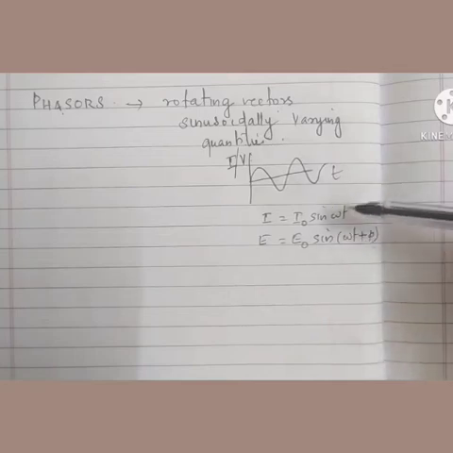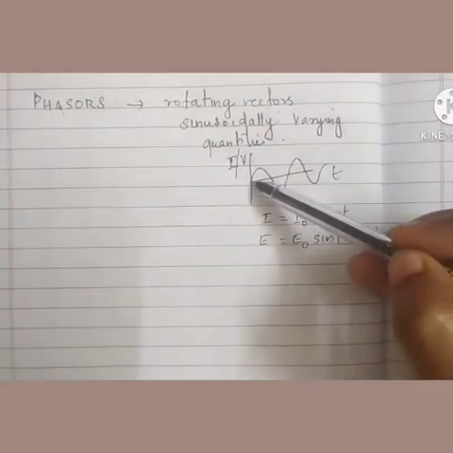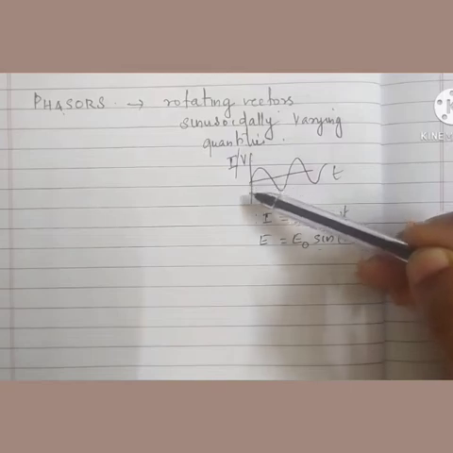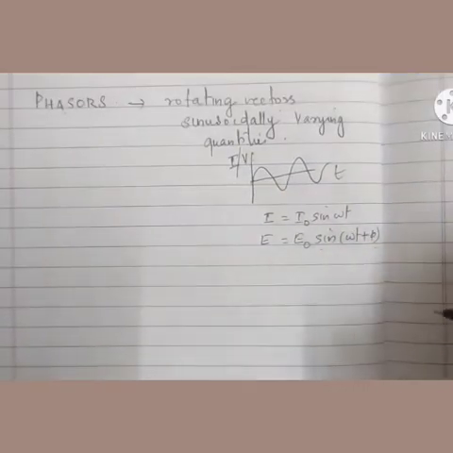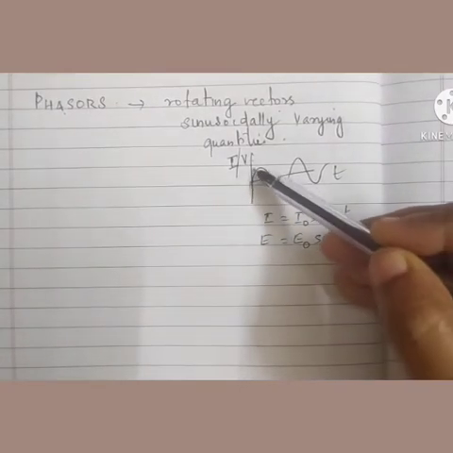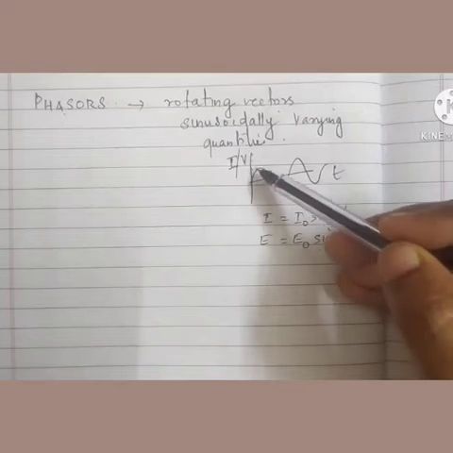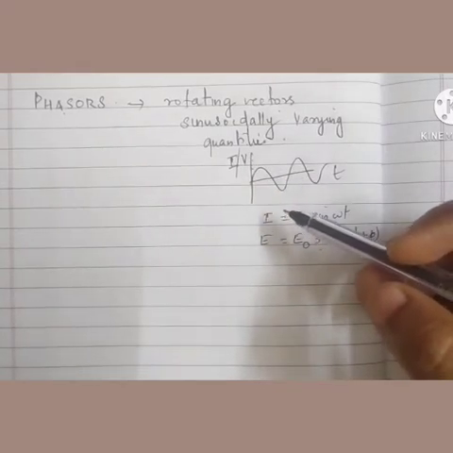So sometimes both current and EMF will be in the same phase. Okay, that means if current starts from 0, EMF also starting from 0, both can be represented in a phasor diagram. Okay, sometimes the current starts from 0, but EMF is ahead with an angle of 90 degree or a phase difference of 90 degree.